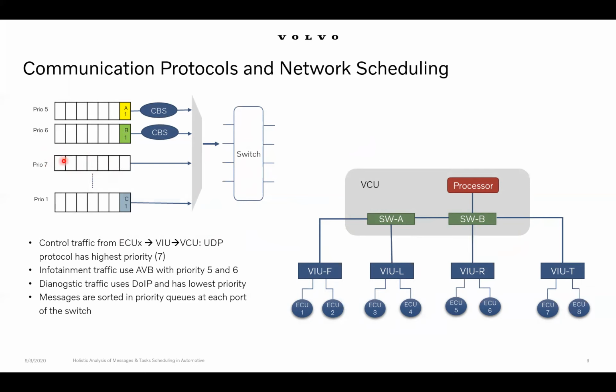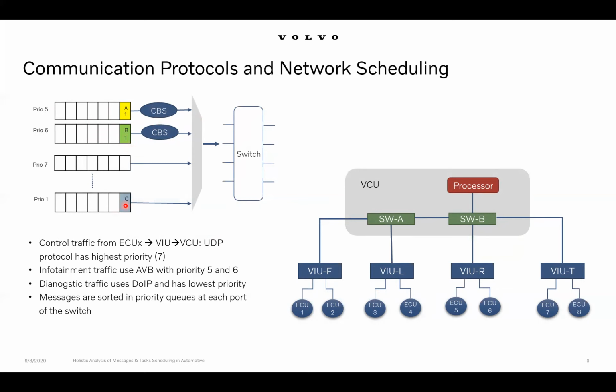We can pre-calculate in advance in such a way that the control traffic doesn't take more than 25% of the load. Then we use priority 5 for the audio traffic class A, priority 6 for the video traffic class B, and we use the credit-based shaper for the AVB traffic.